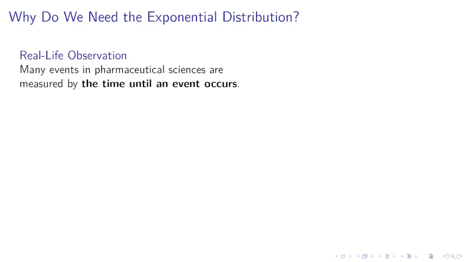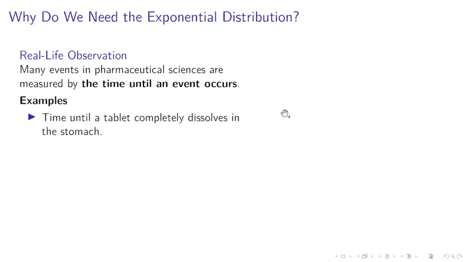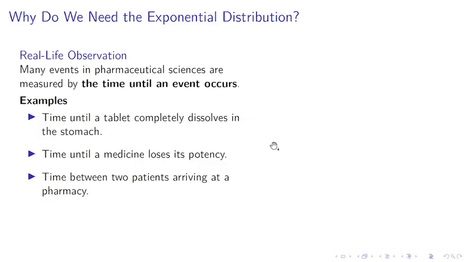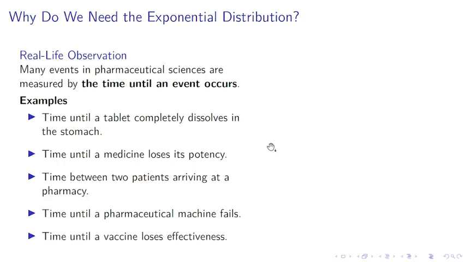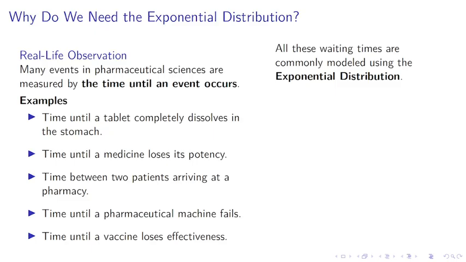In real life, many events in pharmaceutical sciences are measured by time until an event occurs: time until a tablet completely dissolves in the stomach, time until a medicine loses its potency, time between two patients arriving at a pharmacy, time until a pharmaceutical medicine fails, time until a vaccine loses its effectiveness.